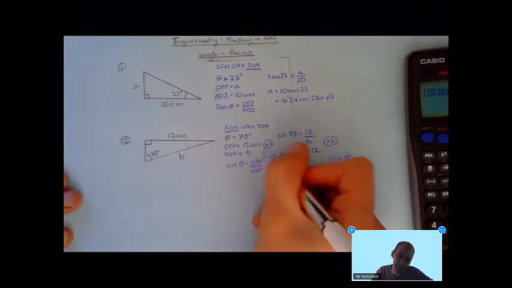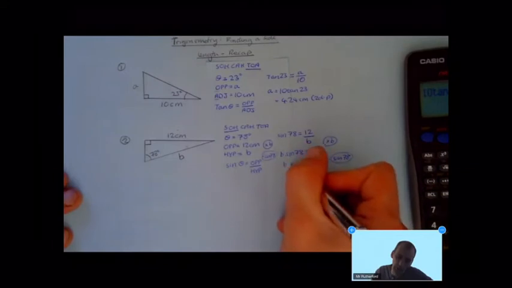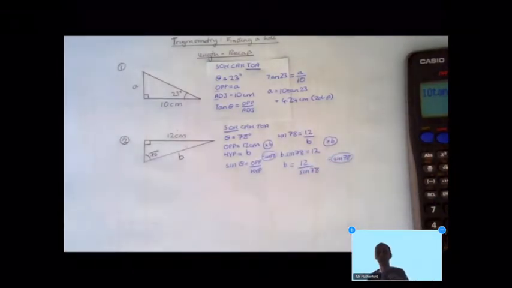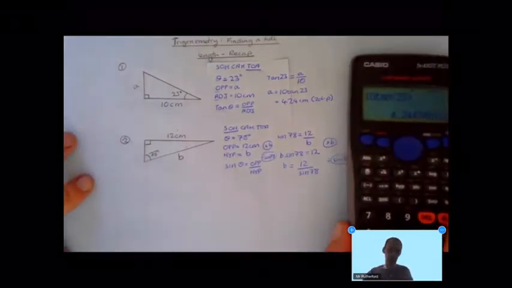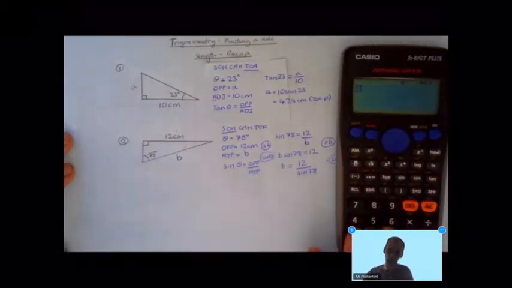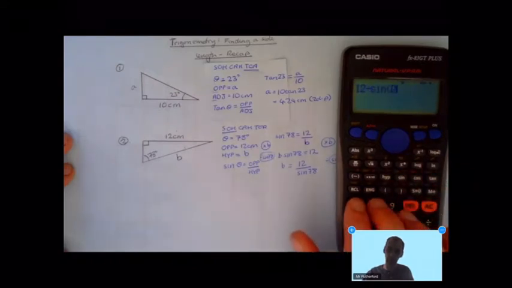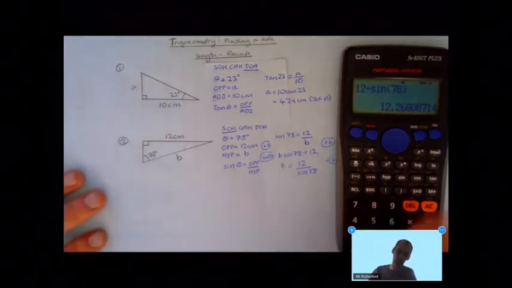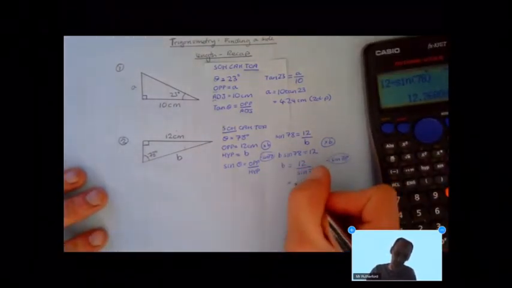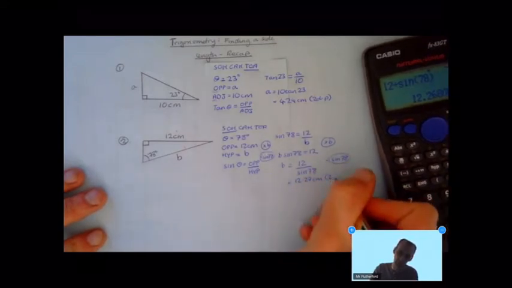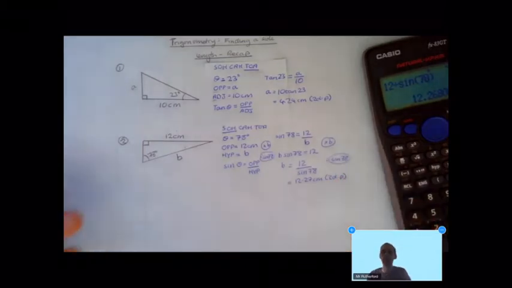So we end up with B equals 12 divided by sine 78. Put that into my calculator: 12 divided by sin 78, 12.27 centimetres, and again that's to 2 decimal places.